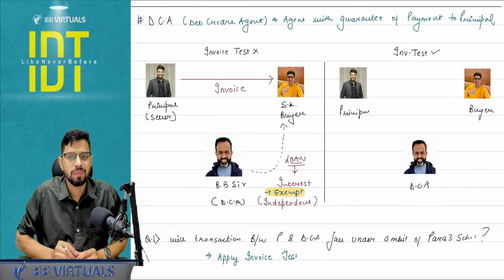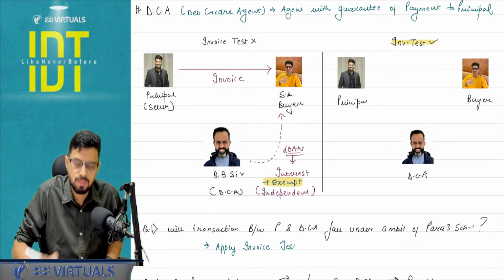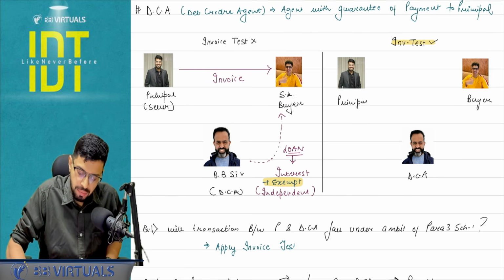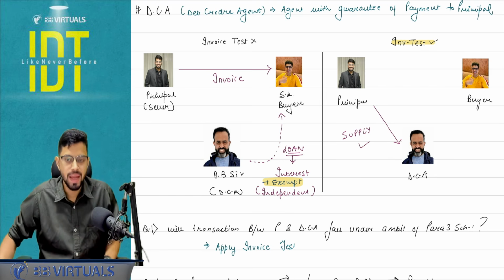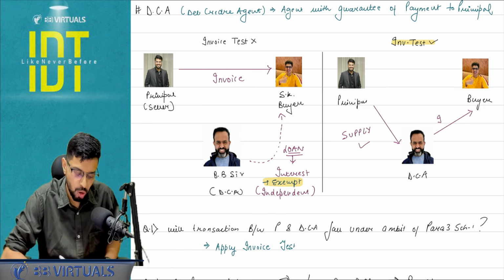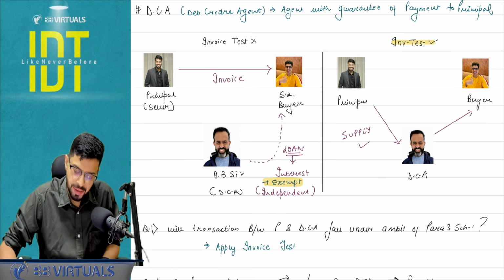Then you confirm to me: sir, what if the invoice test is passed? It means in the eyes of law, this is supply number 1 because the invoice test has passed. And this is supply number 2, because the invoice has been issued in the name of BB sir, that is the DCA.